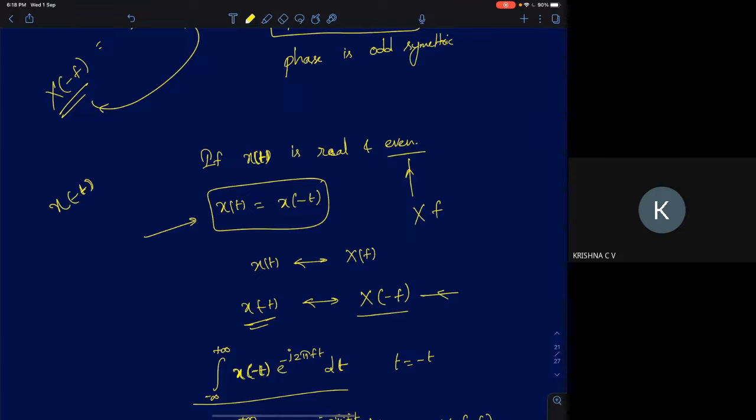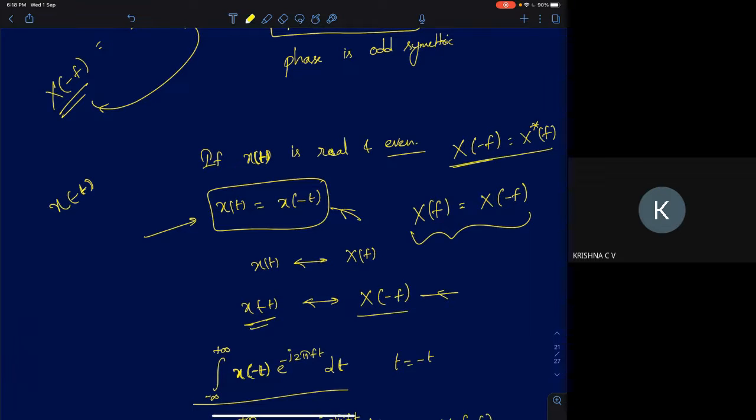So now if you see this equation directly, you get x of t equals x of minus t. You take Fourier transform on either side, you get X of f equals X of minus f. So what kind of a function is your Fourier transform? Is it complex now? If X of f equals X of minus f, is it complex? Remember, if you take the negative frequency, X of minus f should be equal to X star of f. They both should have complex conjugate symmetry. But you are getting X of f equals X of minus f itself.